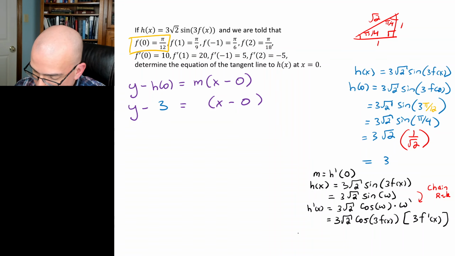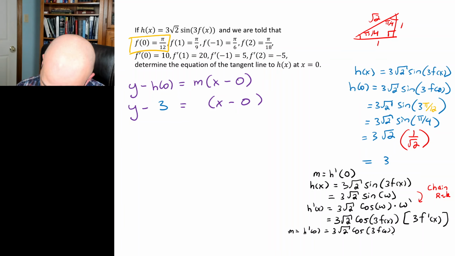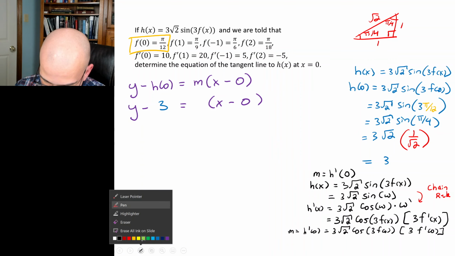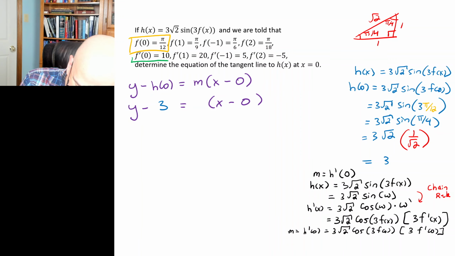Now we'll evaluate it to get m. So we'll have 3 root 2 times the cosine of 3 times f of 0 times 3 times f prime of 0. So f of 0, we're going to use that again, pi over 12. And now we need another piece of data. We need f prime of 0, which is 10.